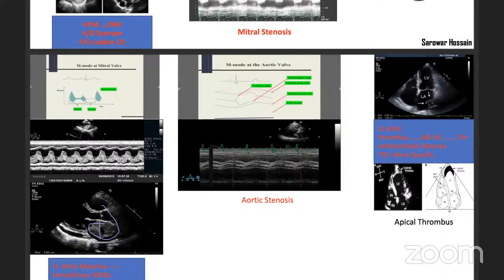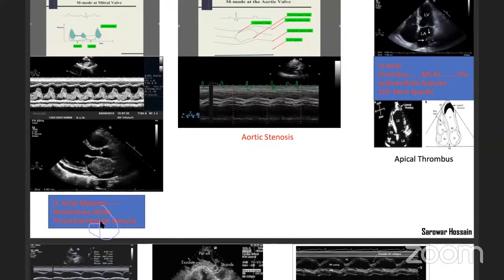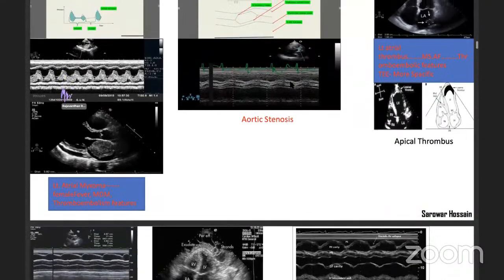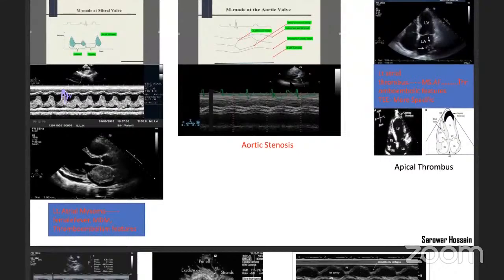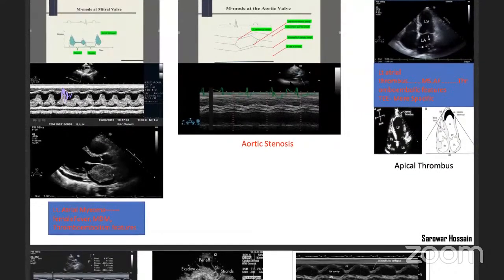What they're telling is in systole, diastole, everything, the myxoma is coming into the valve, so no gap is seen. So they're not able to appreciate any filling.